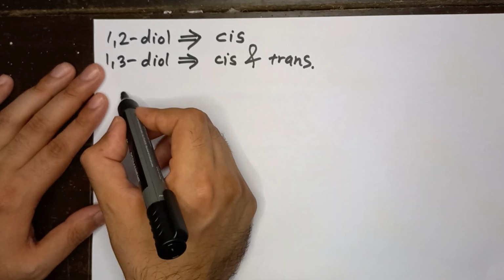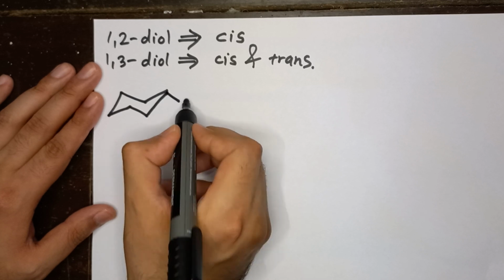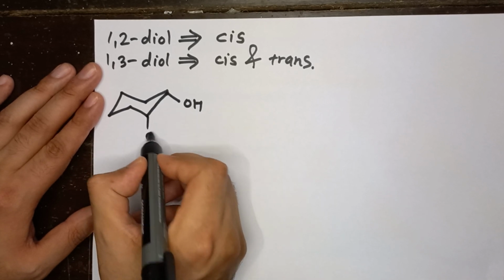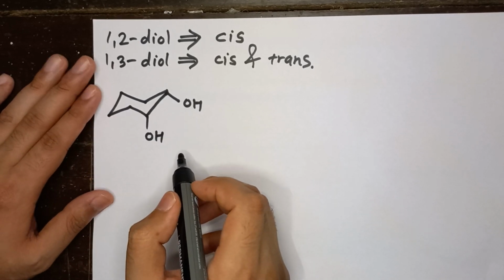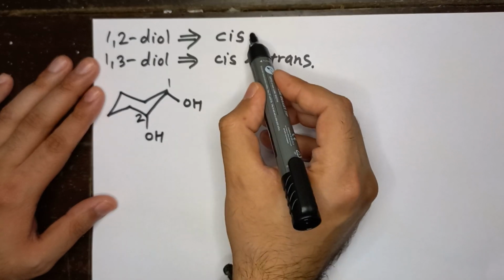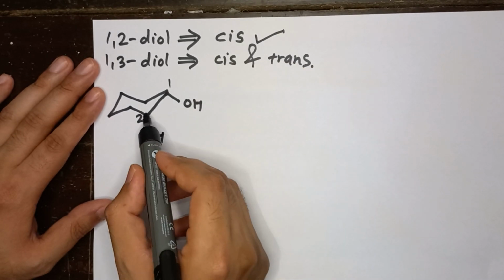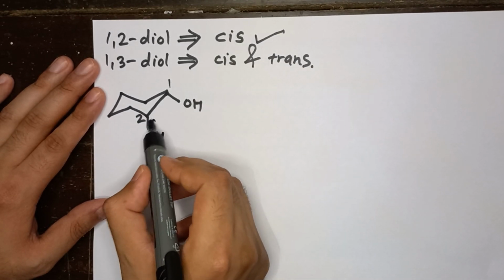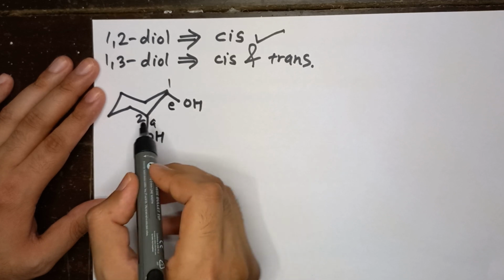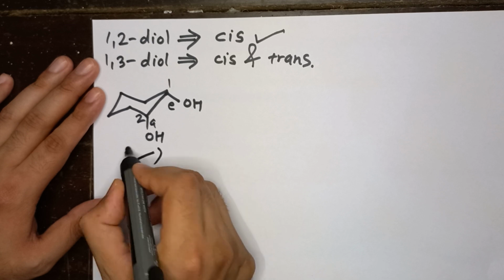For example, I have this particular diol. Will I be able to protect this diol? Well, this is a 1,2 diol. I want both OH groups in cis fashion. Well, they are in a cis fashion. This bond is axial, this bond is equatorial, and they are both facing downwards. So we can protect this diol.